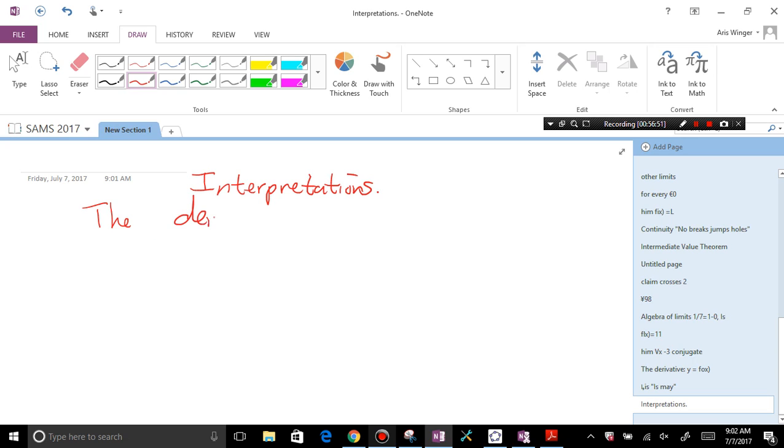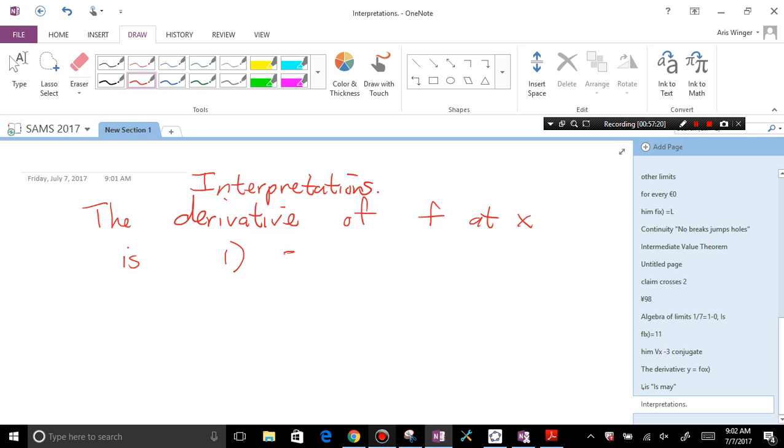The derivative of f at x equals, or I should just say it x. What is it? No, in words, what's the street version? Interpretations are what would you tell somebody? What's the derivative of f at x?